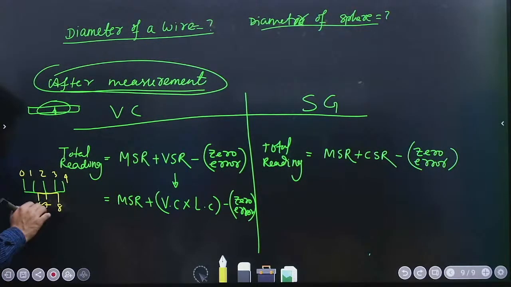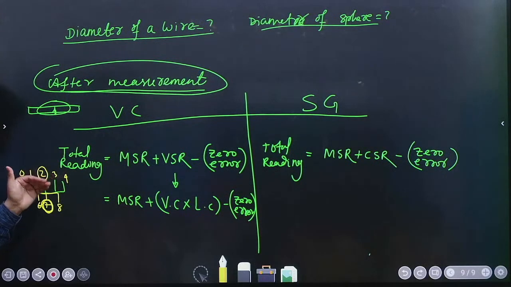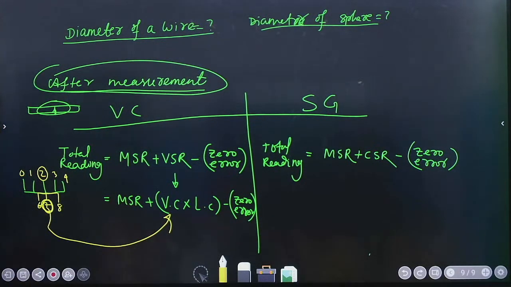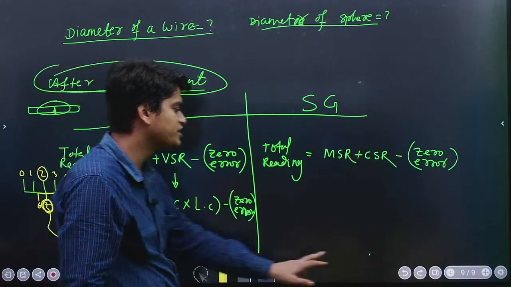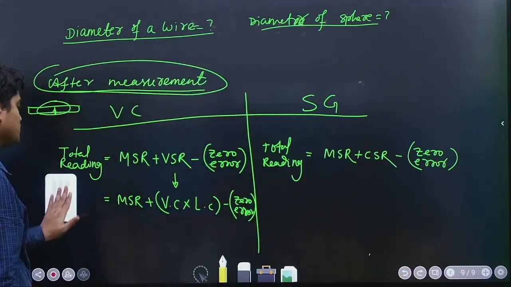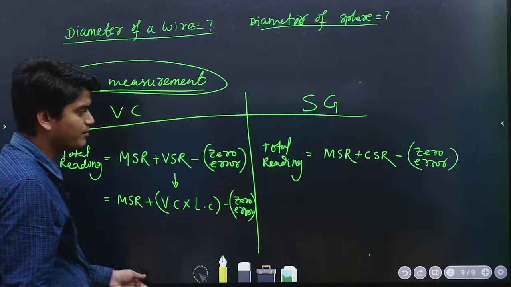Now what is vernier coincidence? The vernier scale number 7 is exactly coinciding with one line of the main scale. So that 7 will become the vernier coincidence. And already you know about the least count.